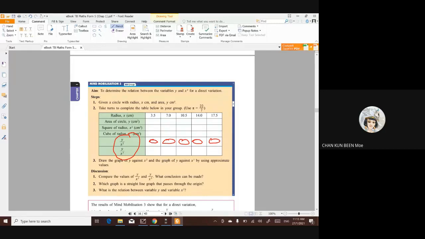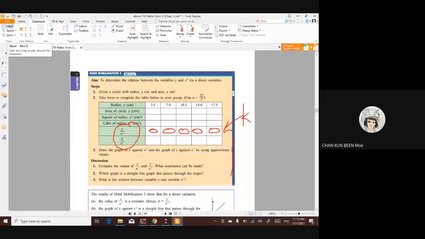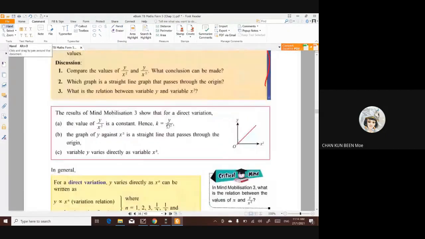Whereas y over x cubed, there you will have a different number. So when you compare the one that is a fixed, this one, the fixed number, it represents the constant. Okay? The reason you need to know the constant is because they will ask you whether they vary directly or not. So you need to determine if they vary directly, meaning that they have a constant.